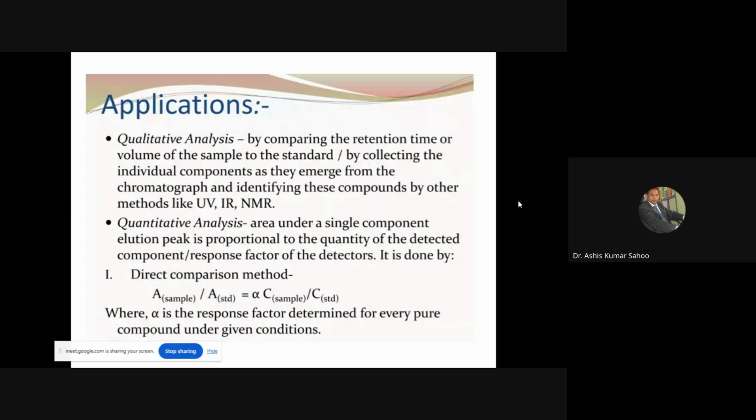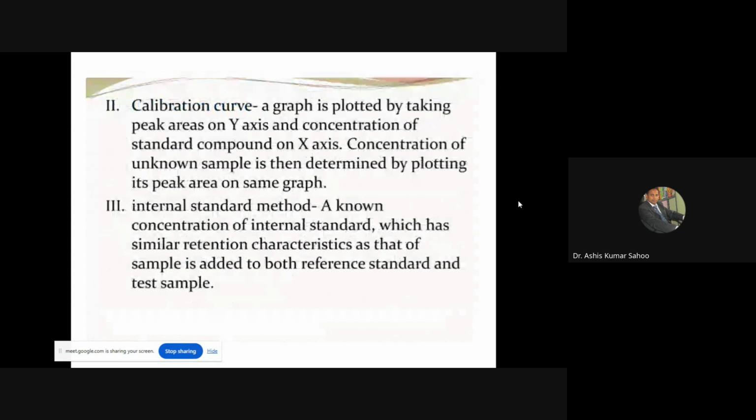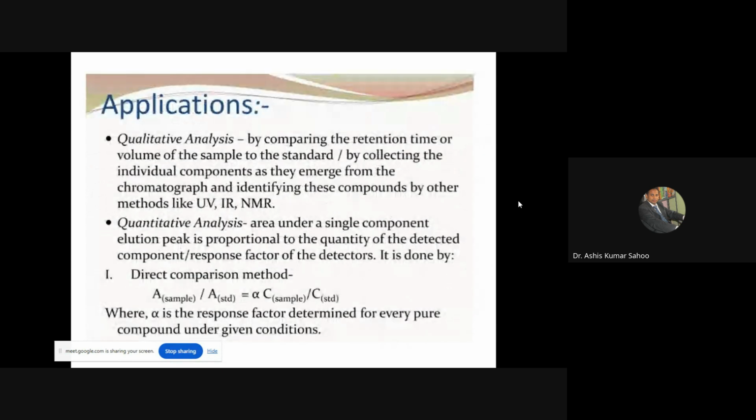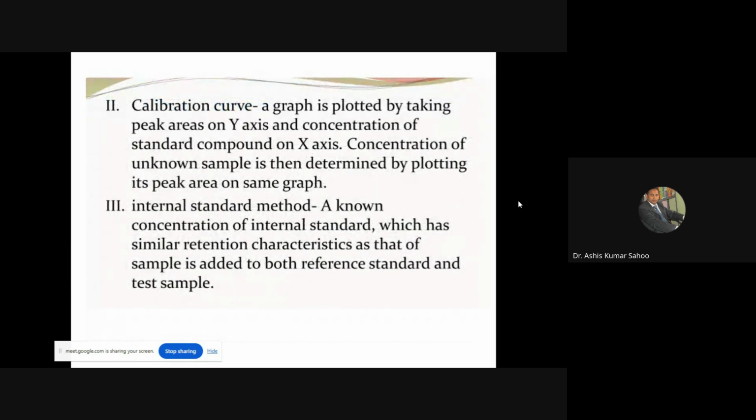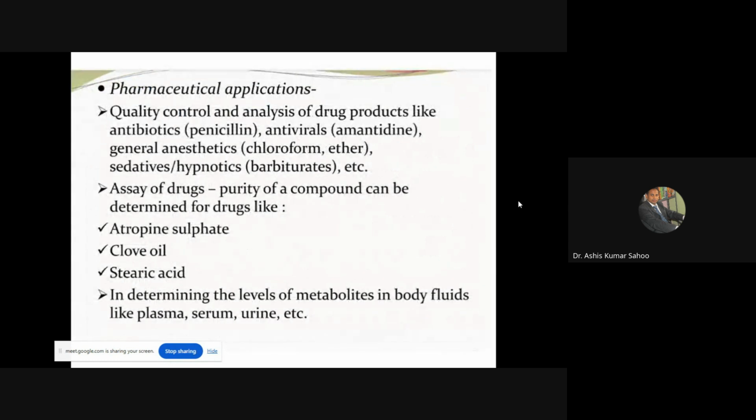So this is applied in qualitative analysis, also in quantitative analysis in different fields, by calibration. These are the pharmaceutical applications.